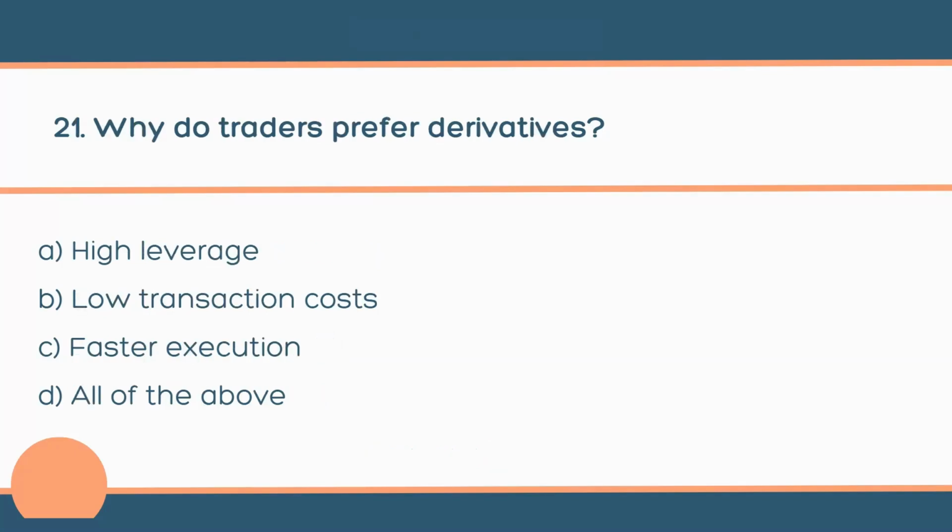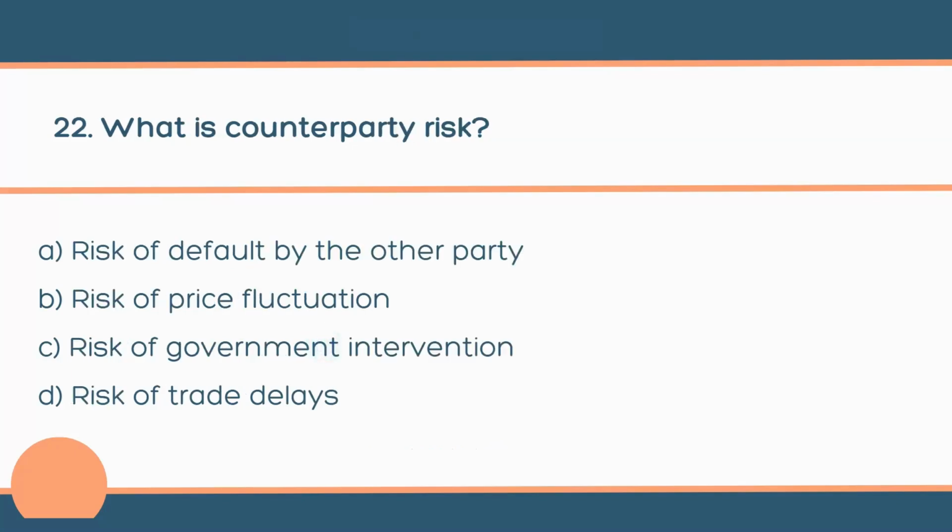Why do traders prefer derivatives? The answer is all of the above because they offer high leverage, low cost and fast execution, ideal for active traders. What is counterparty risk? Especially in OTC contracts, the other party may not honor the deal.